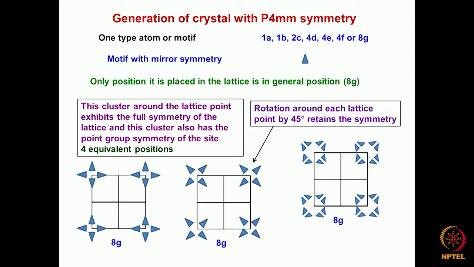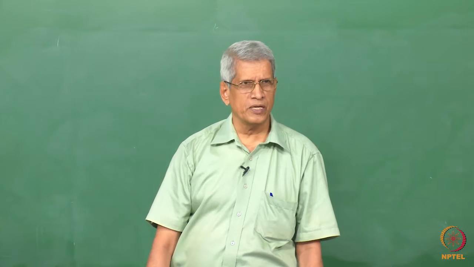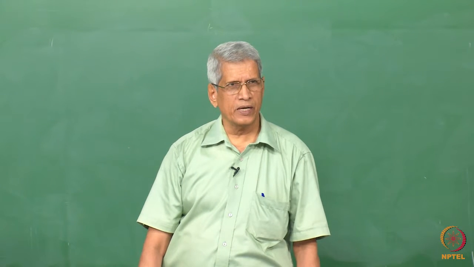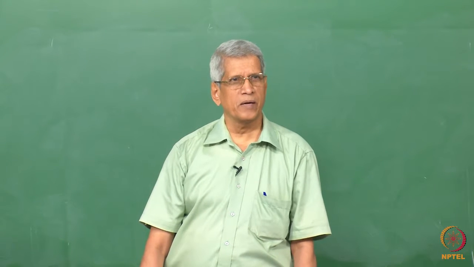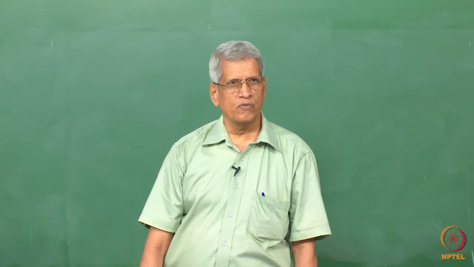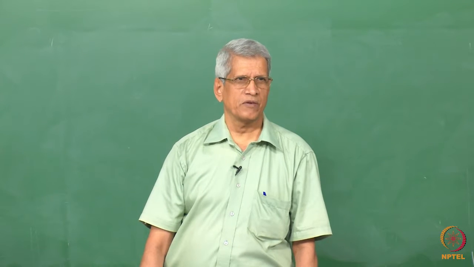Only this way we can generate a crystal. Though the motif or the atom has a twofold symmetry, if it is kept at an arbitrary position in this particular lattice, 8 more equivalent positions have to be kept, so that the crystal exhibits the full symmetry of the lattice.